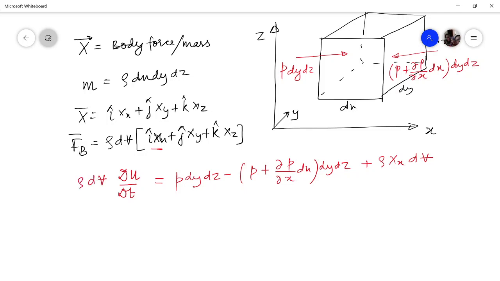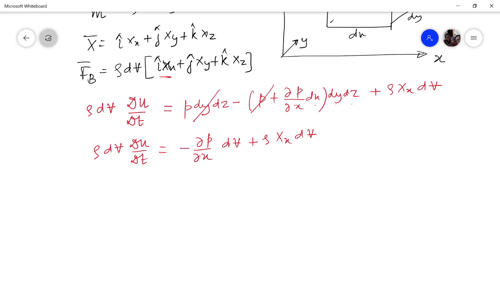Now if you solve this, you will get rho dV du/dt is equal to minus ∂p/∂x dx dy dz, which is dV, plus rho Xx dV.